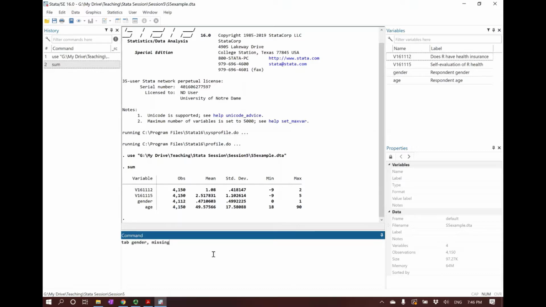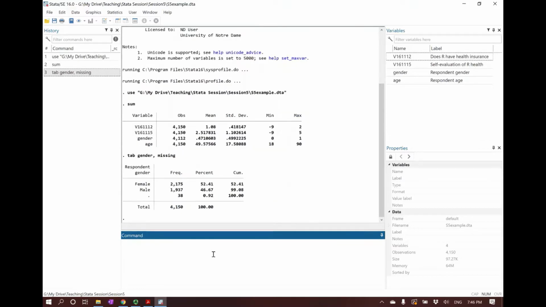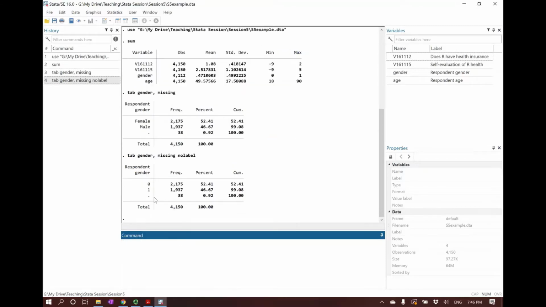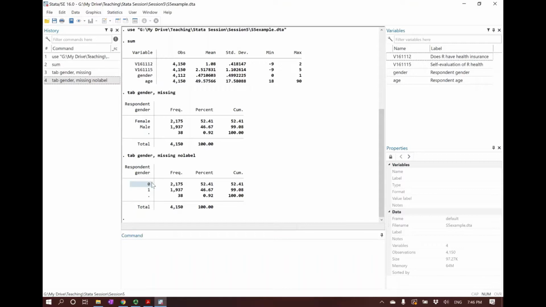So if you do tab gender, missing, you will see that we have 1 category being female, another being male, and we have 38 missing observations. If you do this tab gender again, but this time without showing the label, so tab gender, missing, nolabel, you can immediately associate which values are assigned to which category.